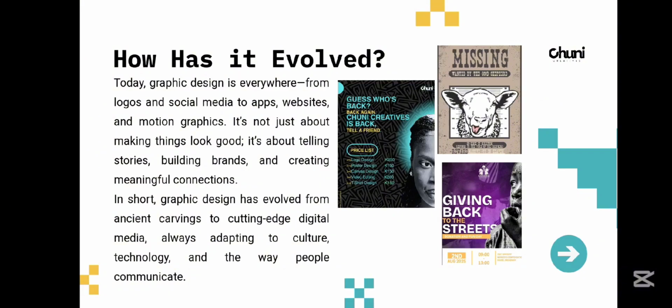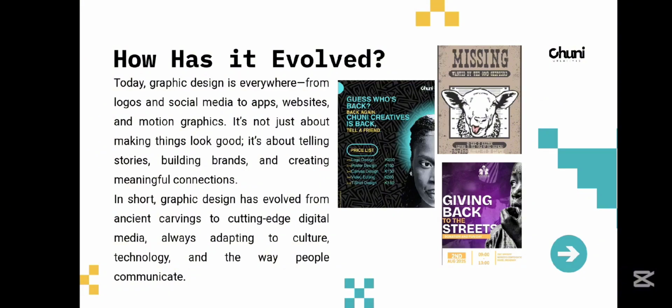And the internet. So today, graphic design is everywhere, from logos and social media to apps, websites, and motion graphics. It's not just about making things look good, it's about telling stories, building brands, and creating meaningful connections. In short, graphic design has evolved from ancient carvings to cutting edge digital media, always adapting to culture, technology, and the way people communicate.